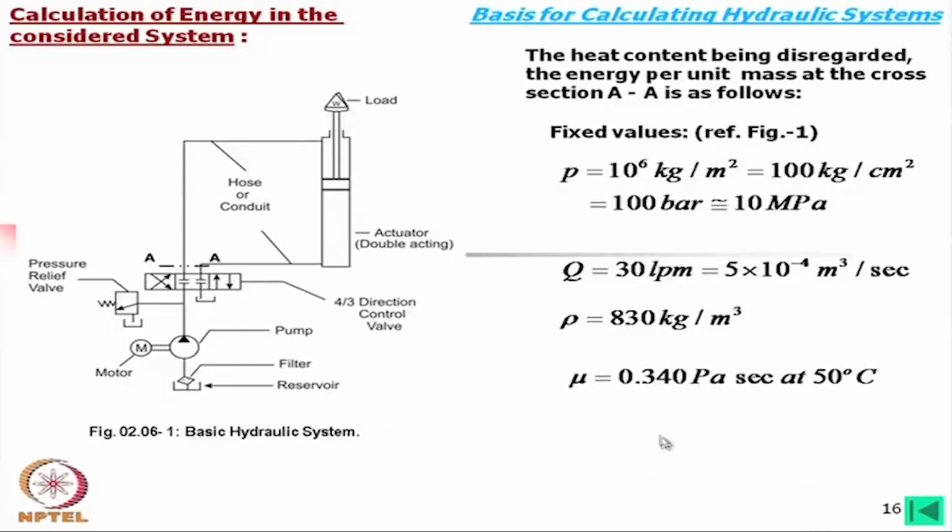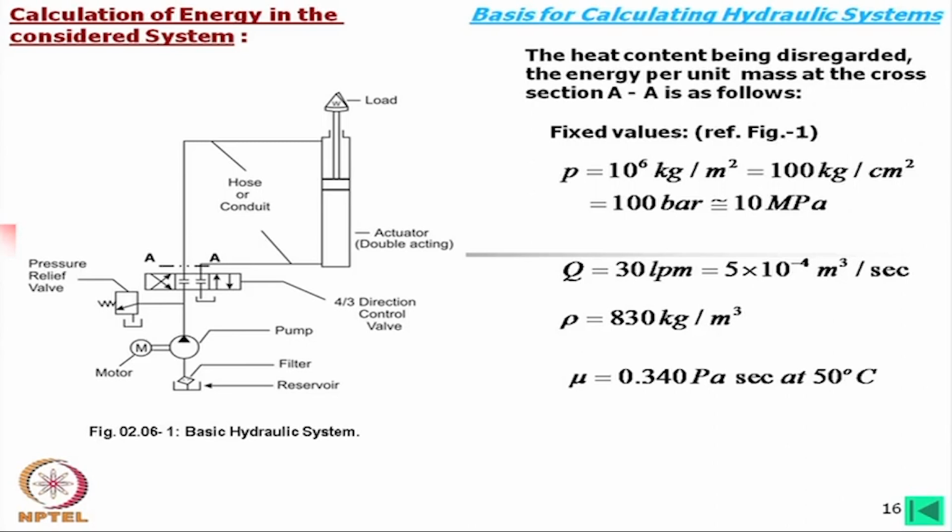Okay. Now, viscosity, this is of course using the oil you are using, it will be specified by the manufacturers, but it is 0.340 Pascal second at 50 degree centigrade.